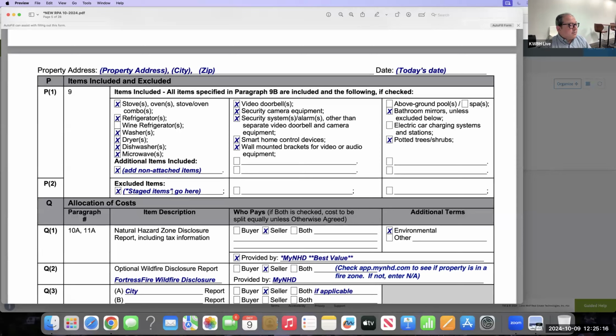Excluded items, staged items. If the property is staged, this is all personal property, but let's say now I want to just say, we're going to get to this later in the contract, but if the MLS says that the dining room chandelier is not included, and there's emails between you and the listing agent, dining room chandelier not included, right?